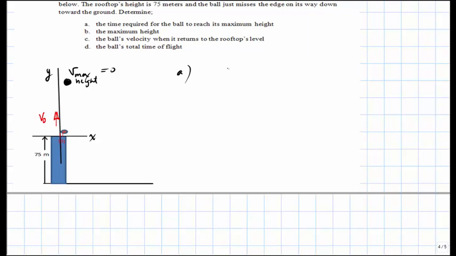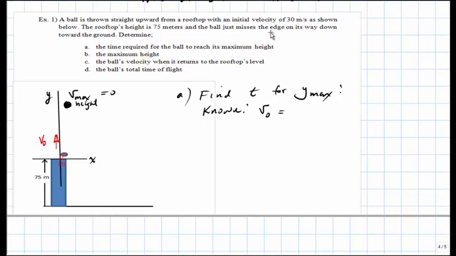And in part A, again, we want to determine the time required for the ball to reach its maximum height. So let's go about solving this. We want to find t for y max. Here's what's known in the problem. We know that the initial velocity, v0, was given in the problem as 30 meters per second.